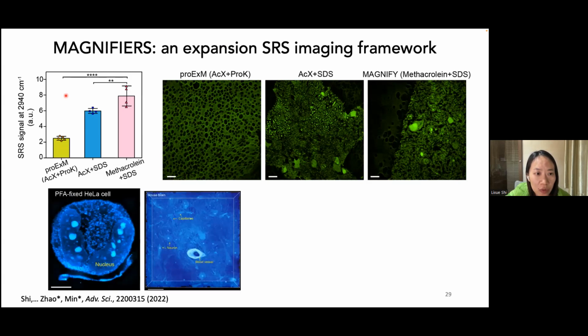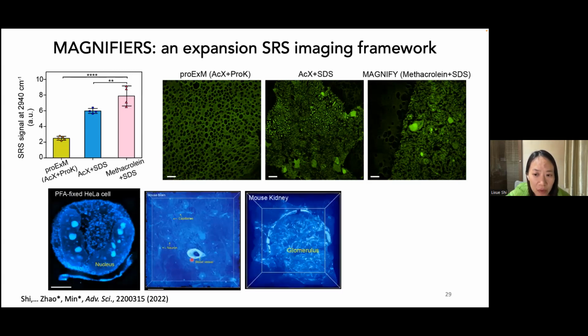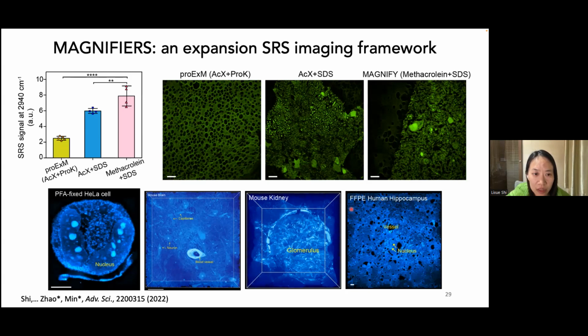Second, we show this MAGNIFIERS is compatible with common and multiple tissue types. This approach works well even for some mechanically tough tissues such as kidney and the liver. And also going beyond freshly preserved cells and tissues, some archived samples such as FFPE sections of human brain, kidney, and spleen are also very compatible.